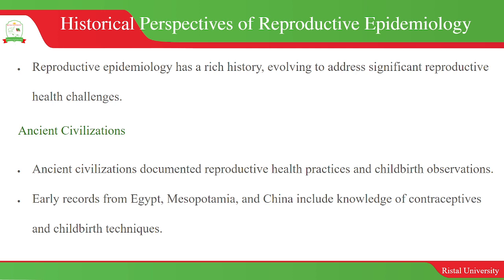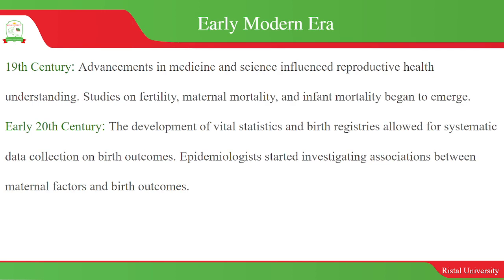So, in the ancient civilizations, of course, people practiced some level of contraception. Mainly, people relied on plant products to control contraception.